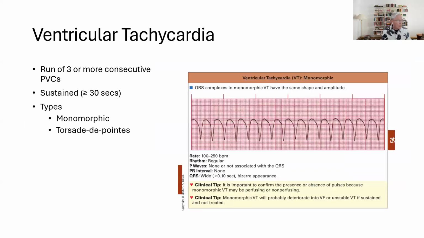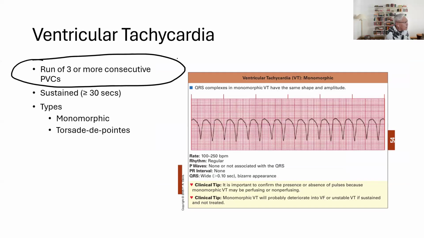However, whenever you have 3 or more PVCs consecutively, consecutive meaning to say one after another, then that means it's now ventricular tachycardia. Question: are the QRS over here narrow or are they wide?